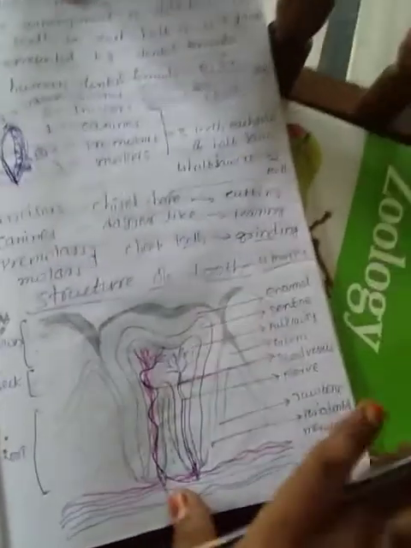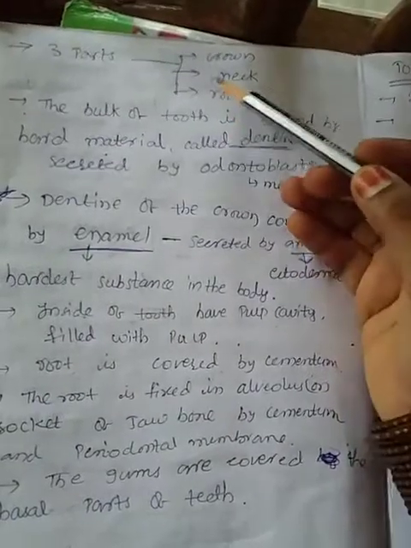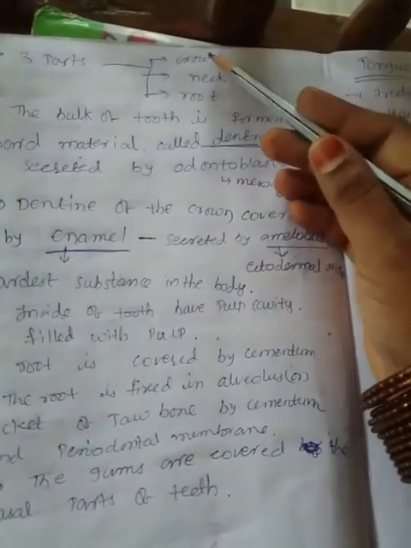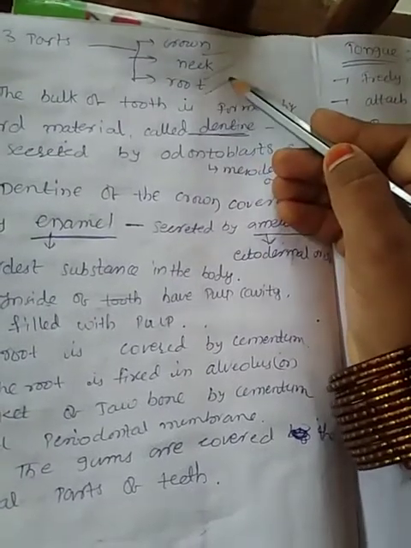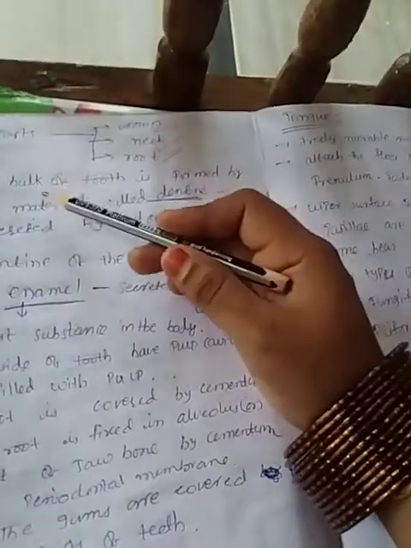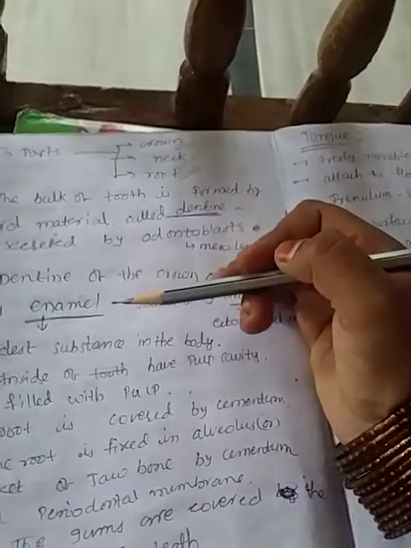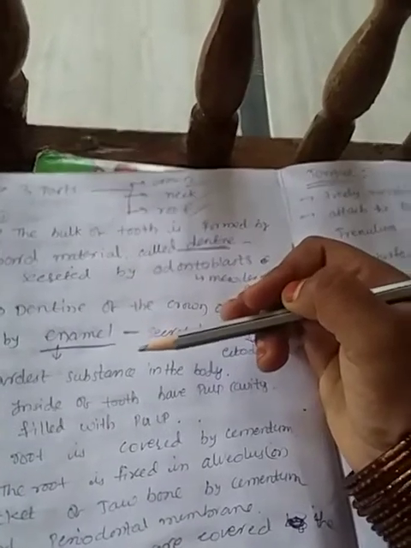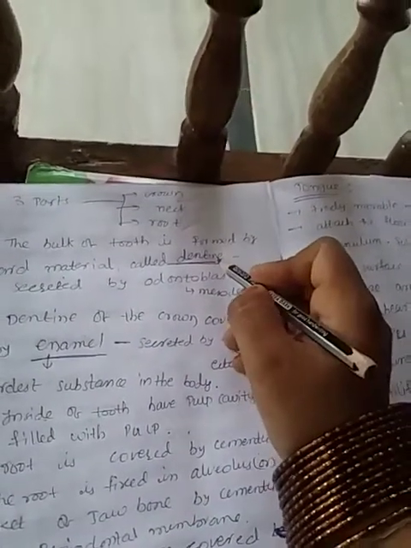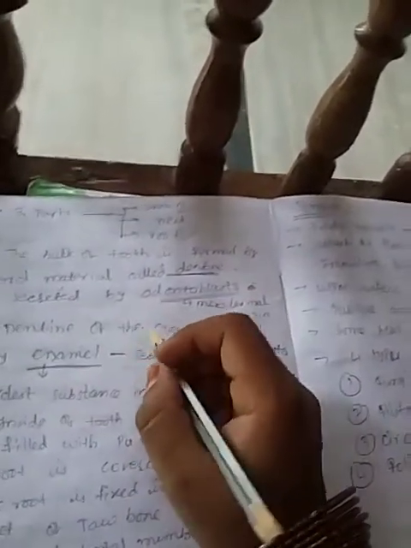Okay, let's explain the structure of the tooth. As we already said, a tooth has 3 parts: crown, neck and root. Next, the bulk of the tooth is formed by a hard material called dentin. This dentin is secreted by odontoblast cells.